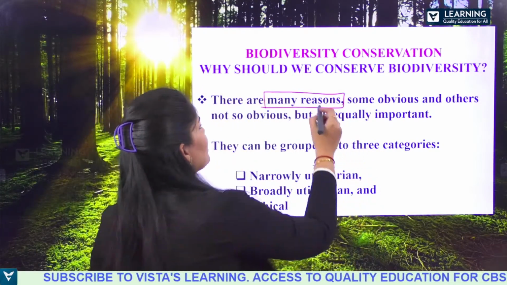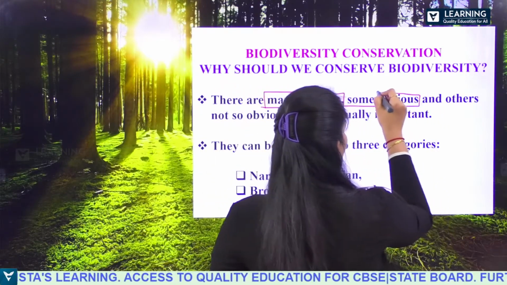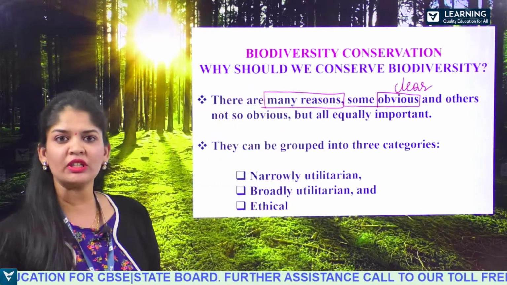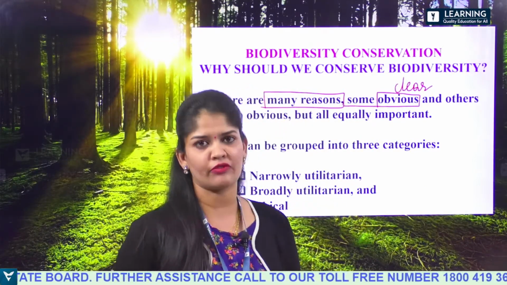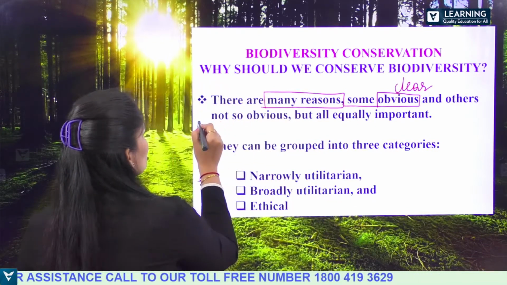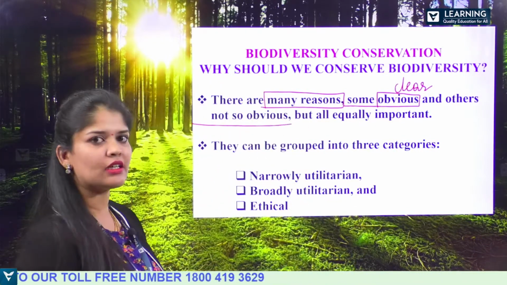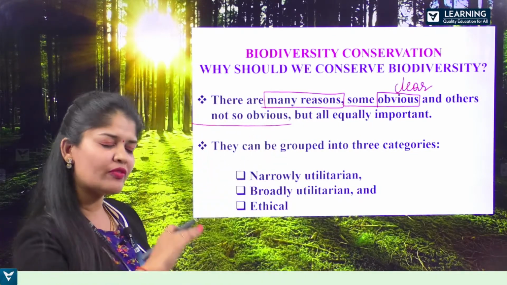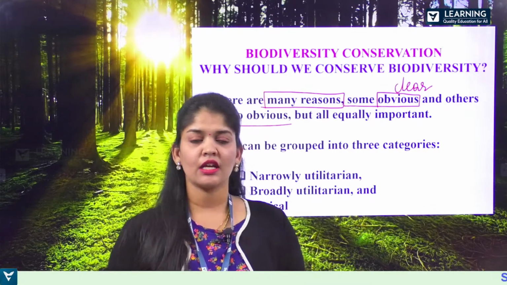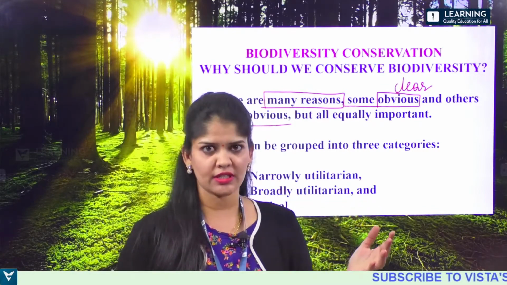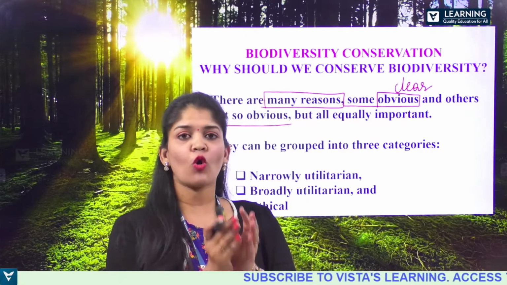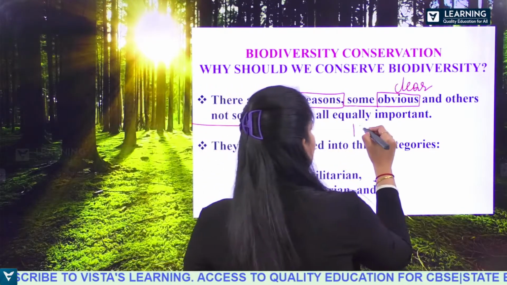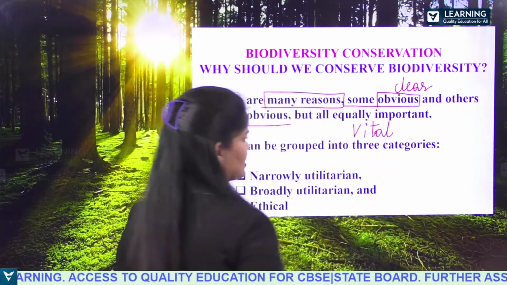Of these reasons, some are very obvious, very clear, such as the services we get from our ecosystem in the form of ecological services. Some others are not so obvious, and we have to understand the inner meaning of those reasons. Though some are easy to understand and some are a little difficult, all the reasons are very important, very vital, and equally important.